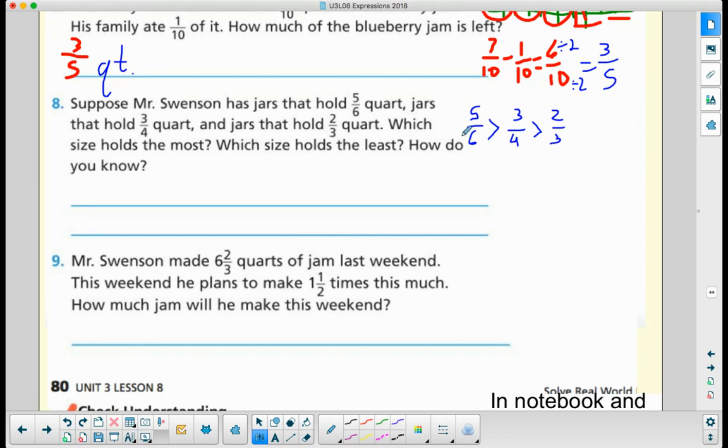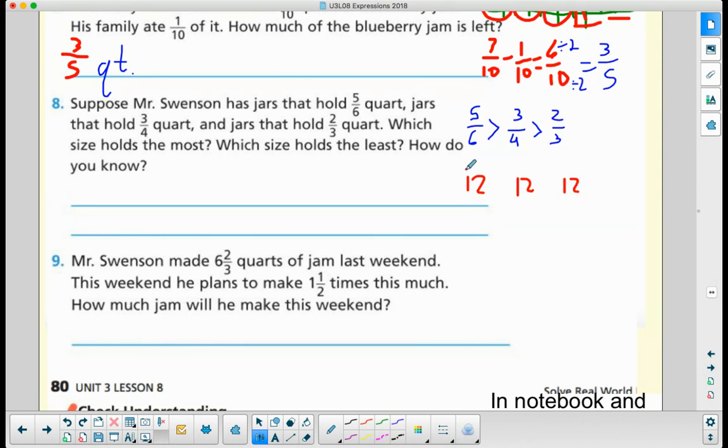But 4 is not a factor of 6. Then I realized, wait a minute. They both have the same factor of 2. So they have a common multiple. 4, 8, 12. I can make sixths into twelfths. And I can make fourths into twelfths. And I know 3 multiplied by 4 is 12, so I could make thirds into twelfths.